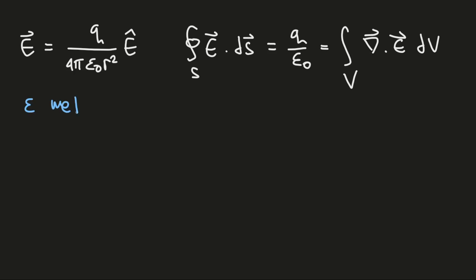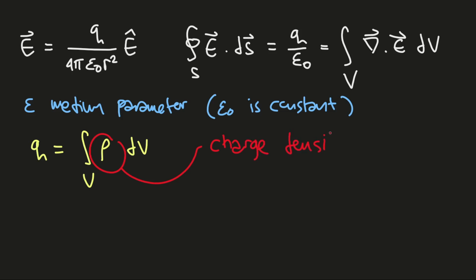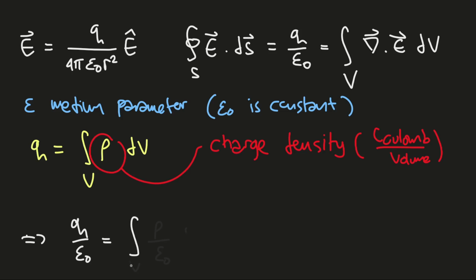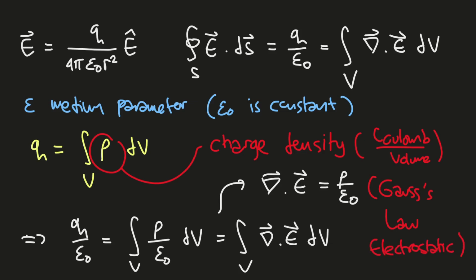Here, we restate that epsilon is the medium parameter, which for the special case epsilon 0 is a constant. If we define the total electric charge Q as this integral, where rho is charge density, or coulomb per volume, then Q over epsilon 0 can be replaced with this integral, and comparing with the next equality by the divergence theorem, the result is what is known as Gauss's law for electrostatics.